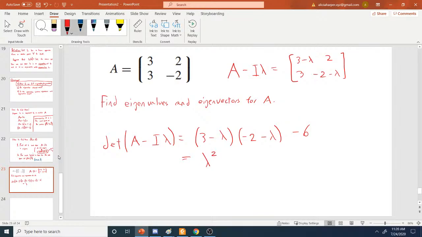I get lambda squared, and then I get, I believe, minus 1 lambda from expanding this. And I also get minus 6, and then minus 6. So I get lambda squared minus lambda minus 12.